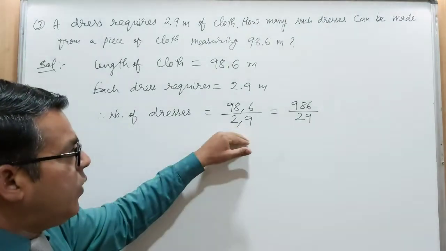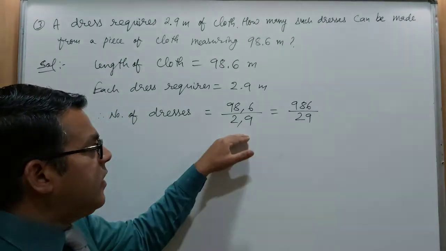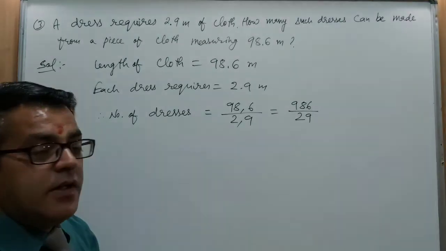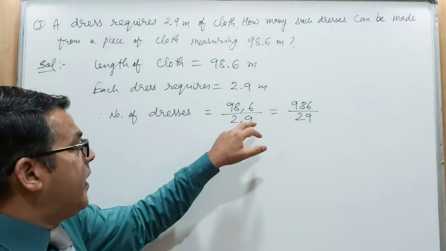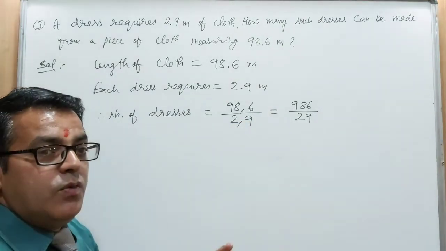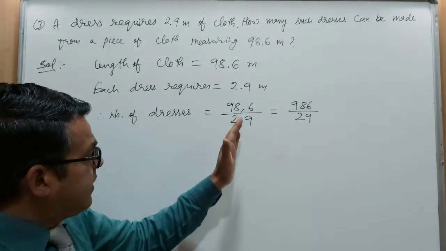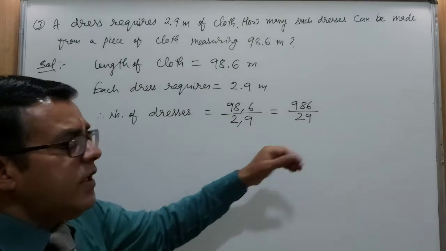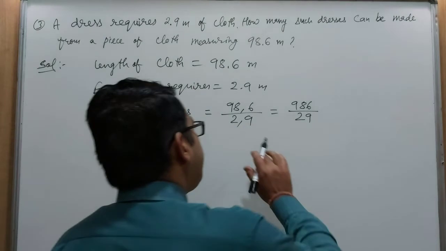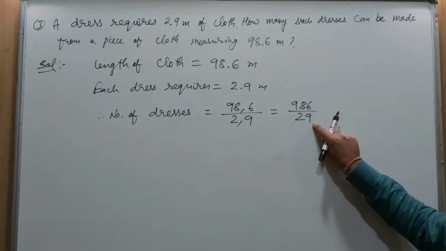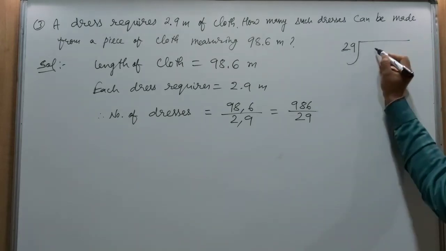But we can do this only if the number of places is the same in divisor and dividend. If here two places are there, then we can't do it. Here the number of places is the same, so we can remove the decimal point, right? So after removing, we have 986 by 29, so we can easily divide.